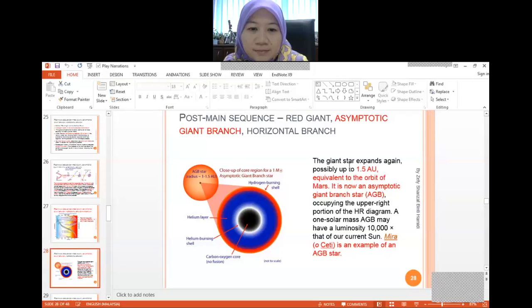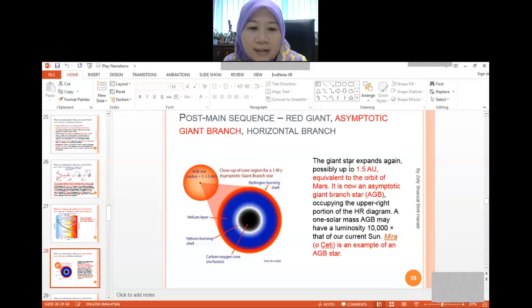There are also a few stages or evolutions here. What is the state of the core? Now it is not helium anymore; the core inside actually contains carbon and oxygen, but no fusion. The helium now will burn in a shell.